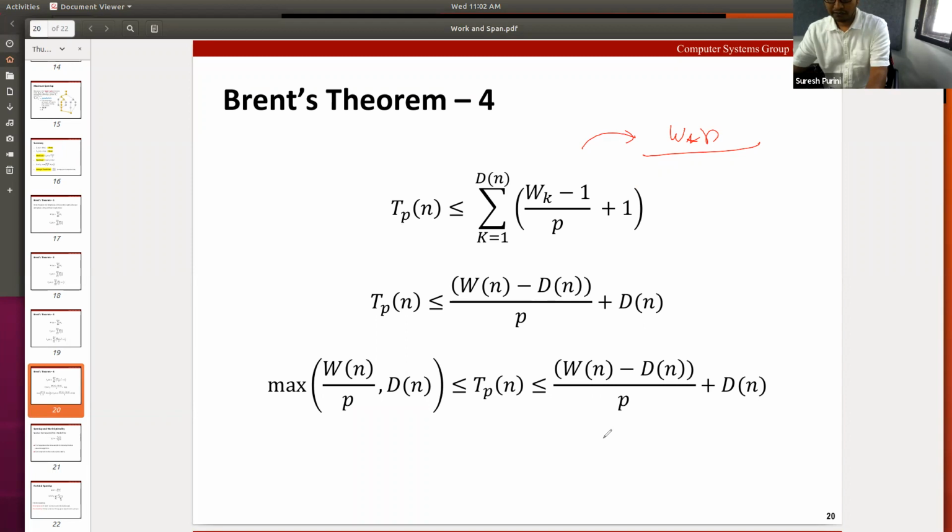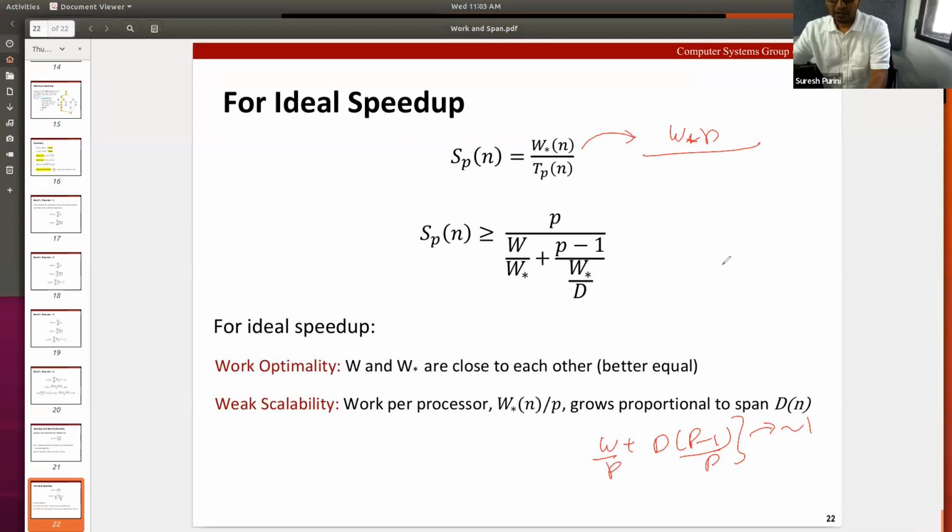We got W plus W by P plus D. We got (P minus 1) by P, but we said let's approximate it to 1. So this is equal to W by P plus D.